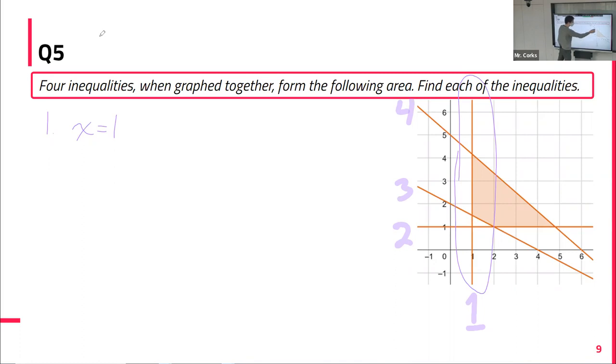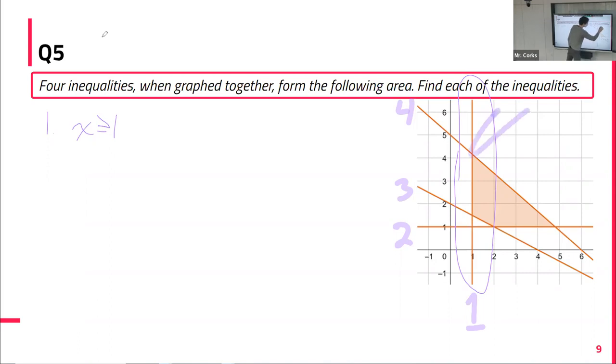So first is the line. This line for number 1 is x equals 1. That's right. But now we have to do the inequality part. So are we shading on the right side or on the left side? Right side. Okay. So x greater than or equal to 1.